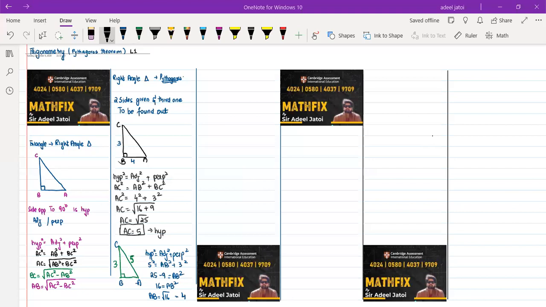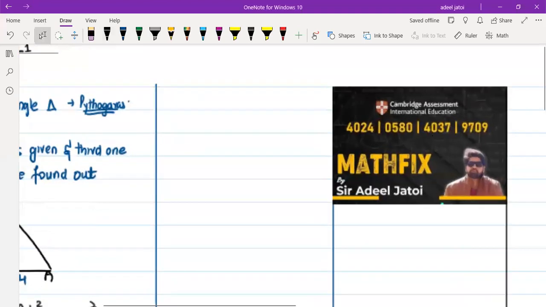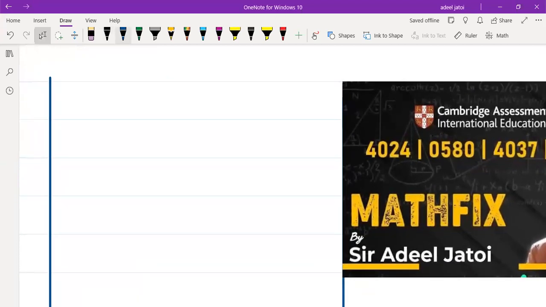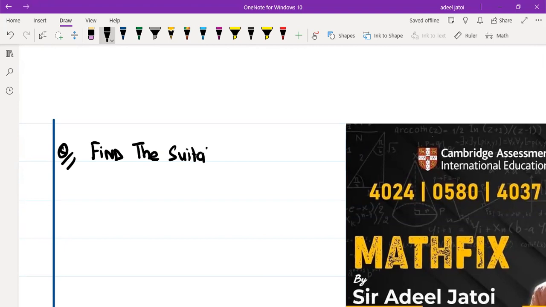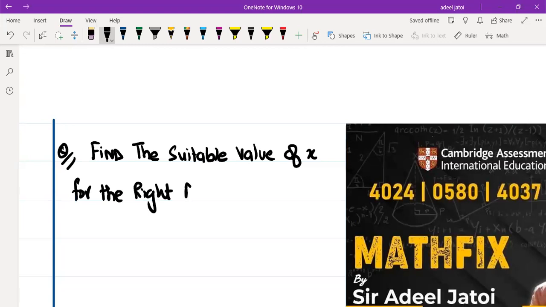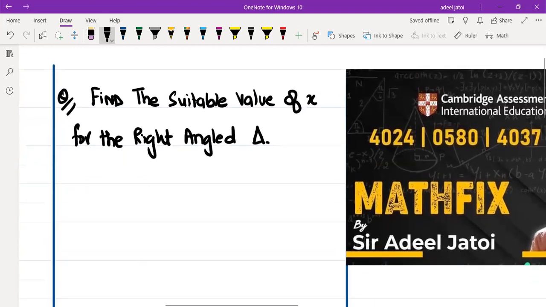Now, you need to understand that when we are doing Pythagoras theorem, there are different types of questions that are tested. Let's work upon it: if the question says, find the suitable value of x for the right angled triangle.